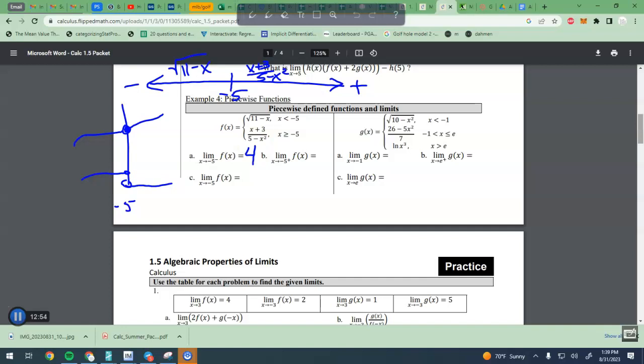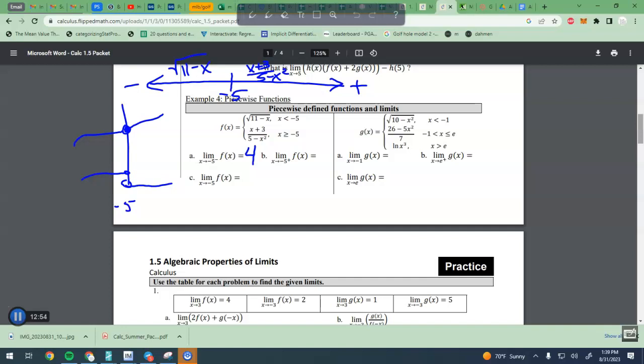From the right-hand side, that means where numbers are bigger than negative 5, bigger than negative 5 matches up with this bigger than, or if you're on the number line, you know it's to the right of negative 5. And now we're going to plug negative 5 into this.